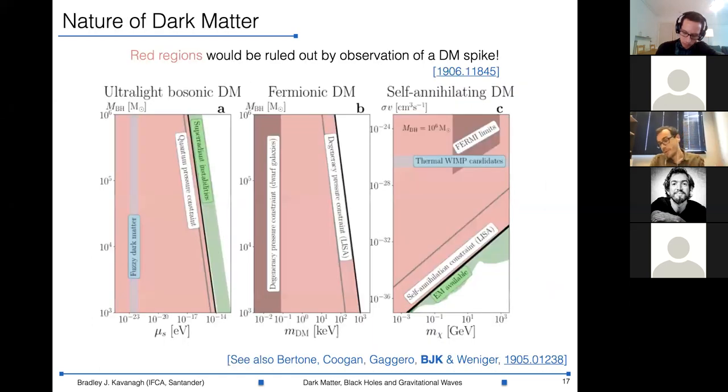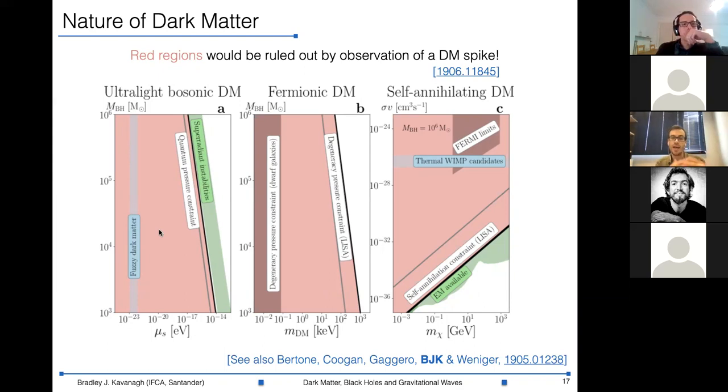And from a particle physics point of view, or a beyond the standard model point of view, this is incredible because you can only get these very dense spikes in certain models. If you have ultralight bosonic dark matter, then depending on the de Broglie wavelength of these particles, they would not be able to produce very dense structures on small scales.